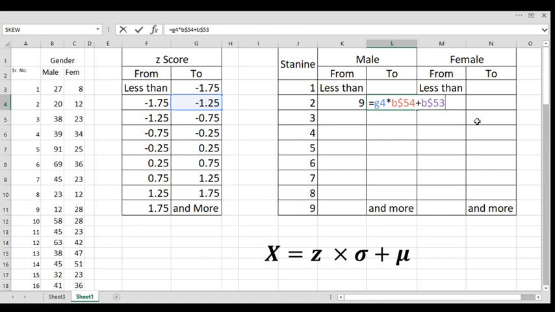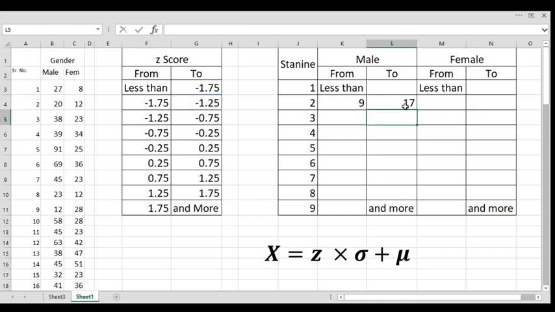As we want the result of this formula in whole number, after the equal sign we write round, then start the bracket. The entire expression is to be written in the bracket. After the expression we write a comma, then 0, because we don't want any digit after the decimal point, we want the number in whole number.